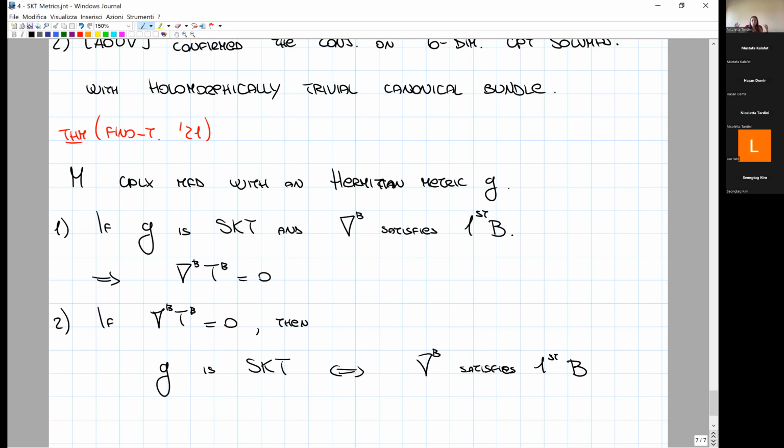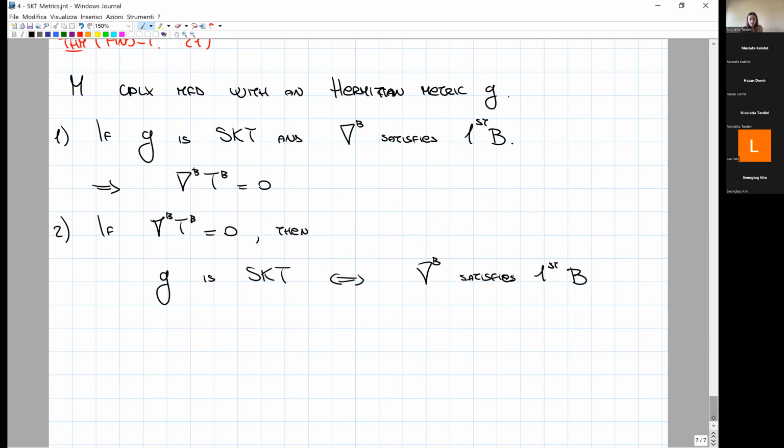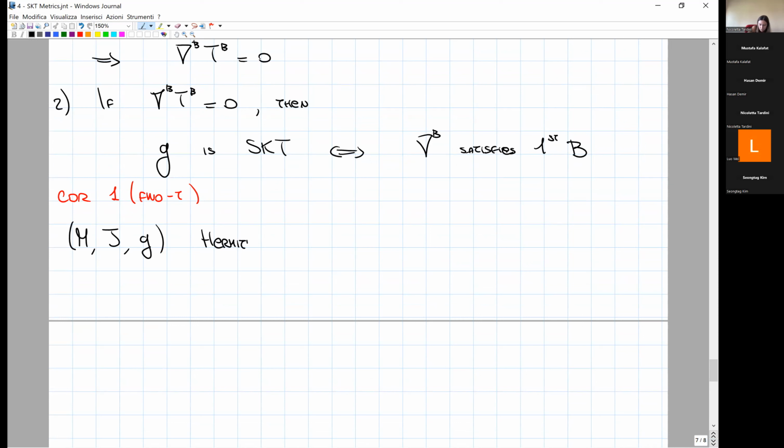Okay, and the proof is based on some general formulas that relate, of course, all these objects: the curvature, parallelism of the torsion, and the fact that the torsion is closed, so the metric is SKT. So in particular, as a first corollary, assume that we have (M, J, G) Hermitian, so a Hermitian manifold.